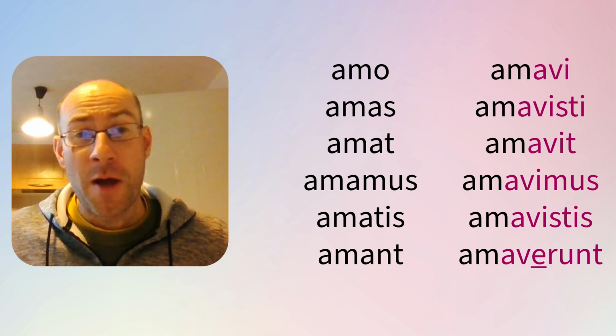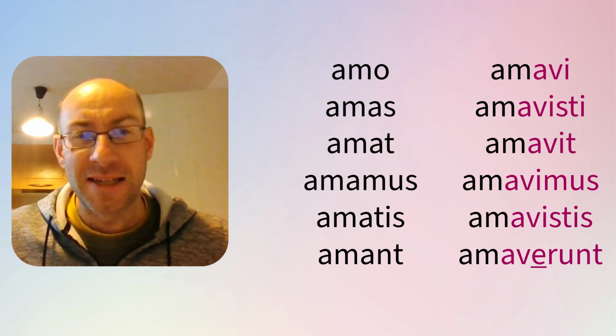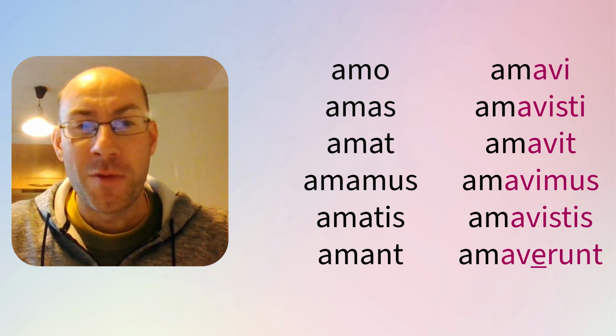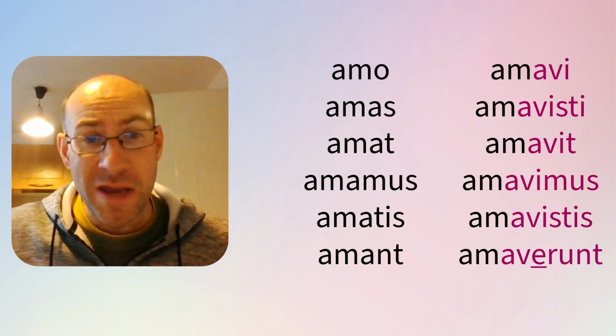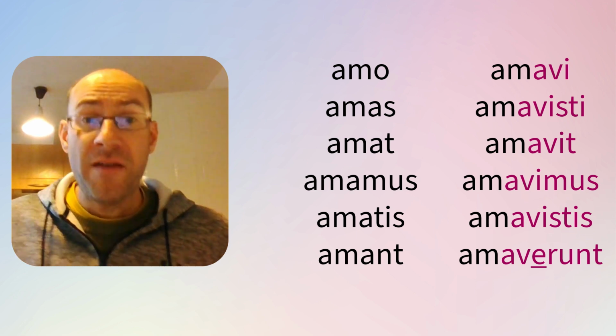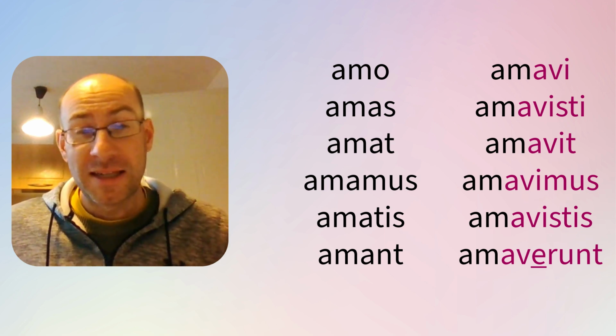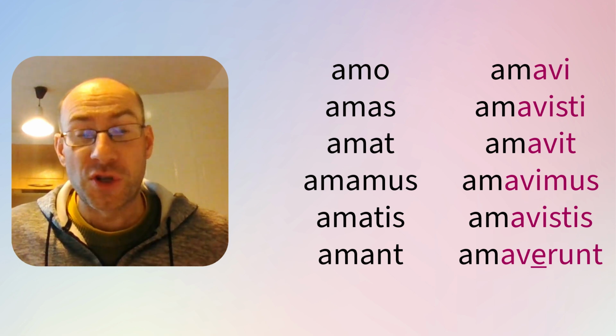Again, come on, guys. So amavi can translate as I loved, or possibly I have loved, using the present perfect in English, depending on the context, what you're trying to get across.